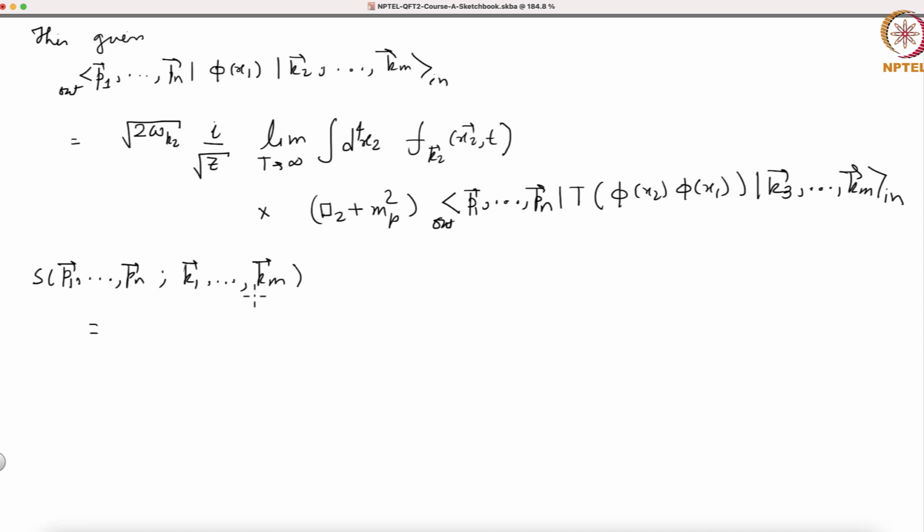So I have i over square root of Z twice, because I have these two factors.